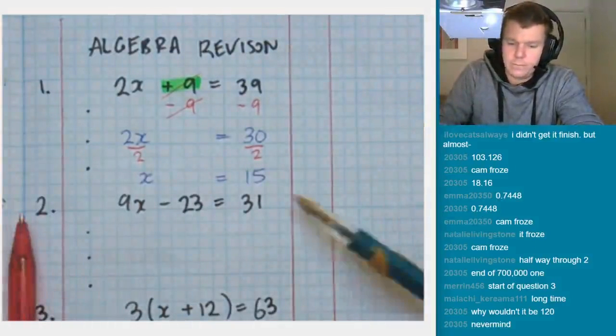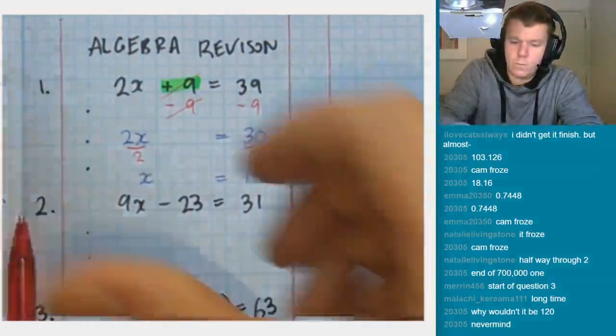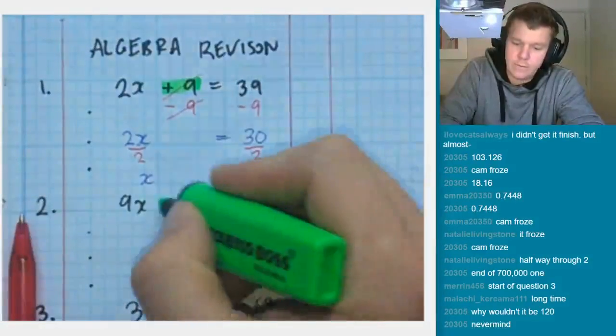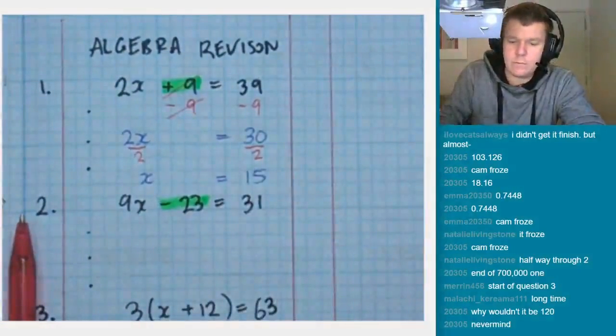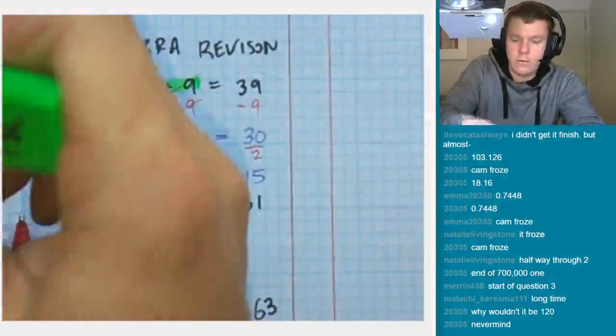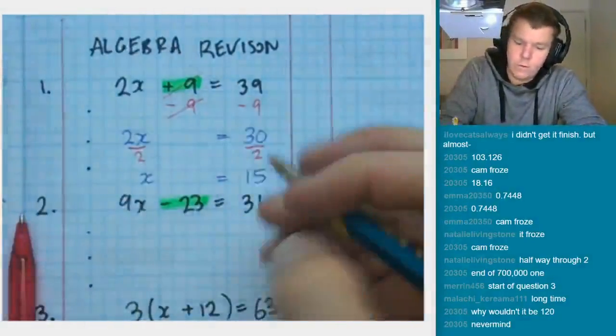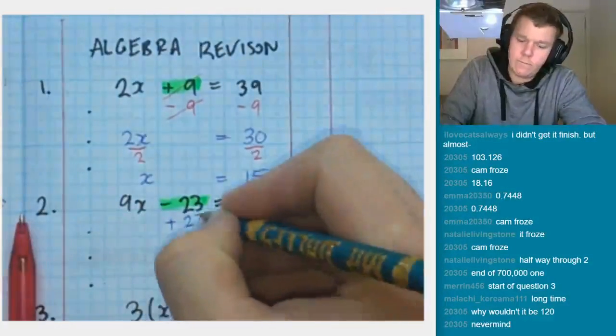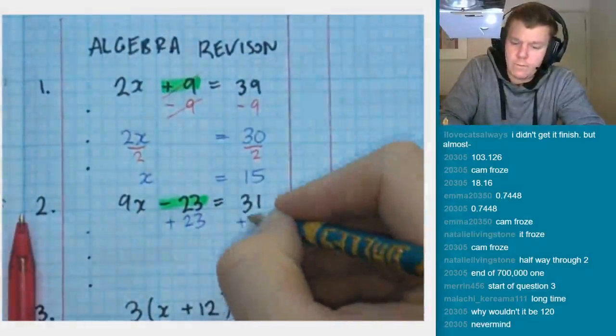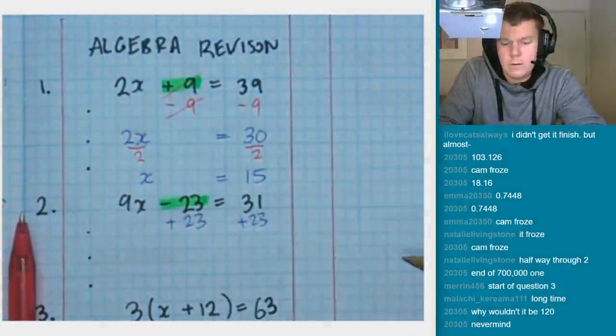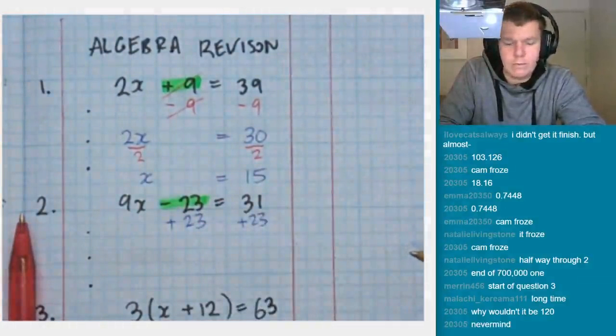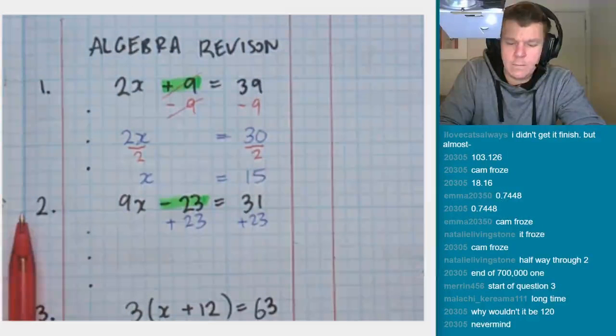Number 2, we want to get rid of 23. So we will add 23 to both sides. Oh, I should have used red pen. Oh well.